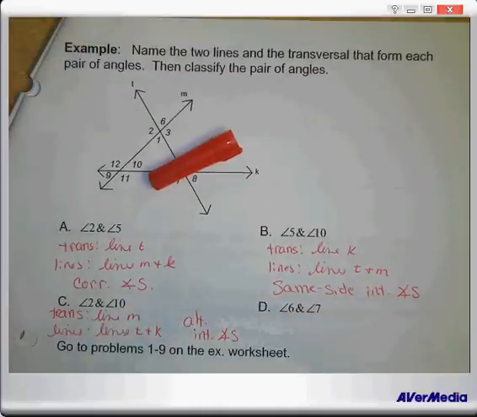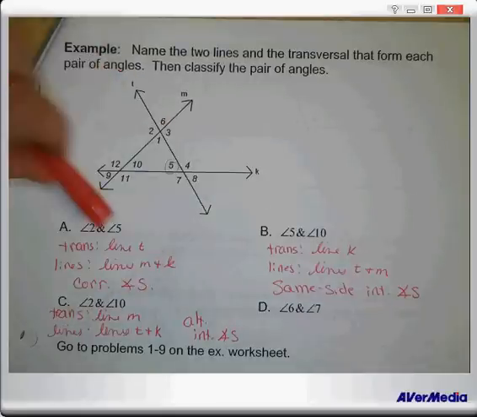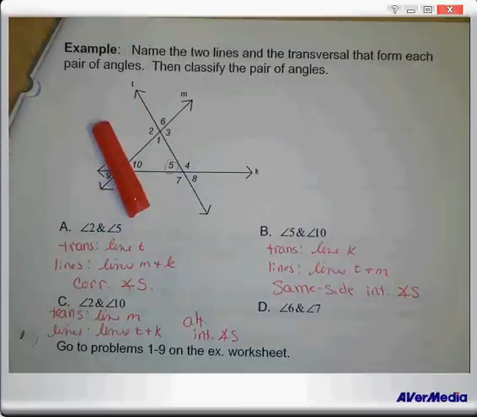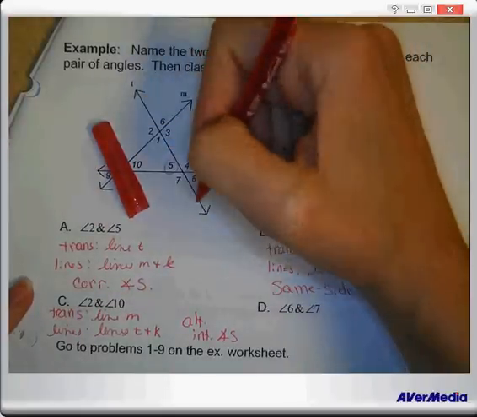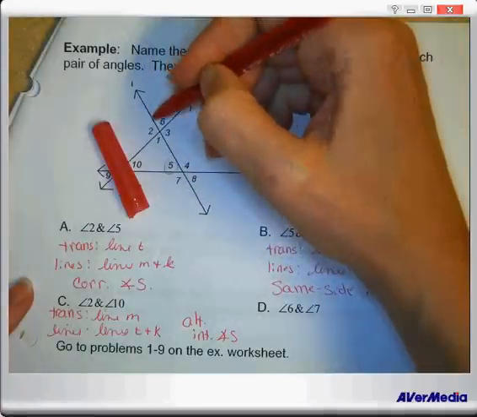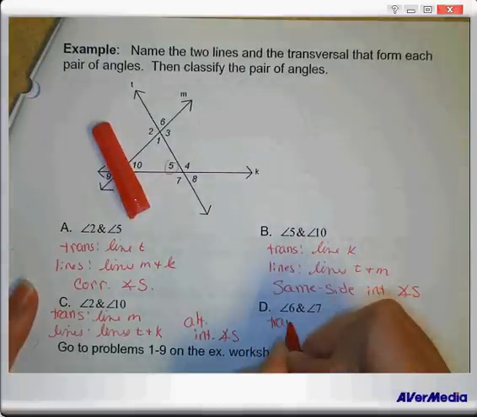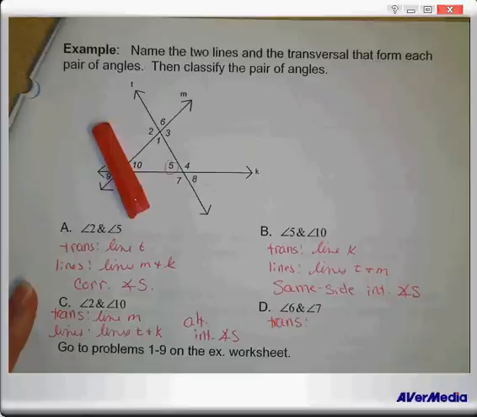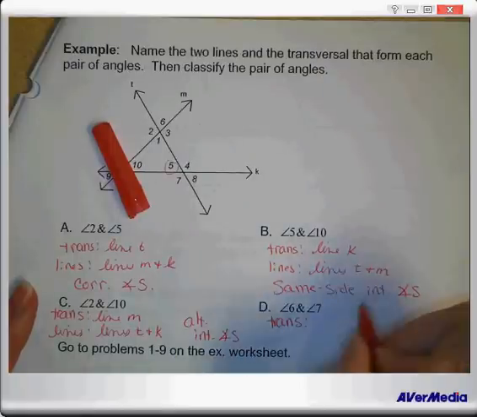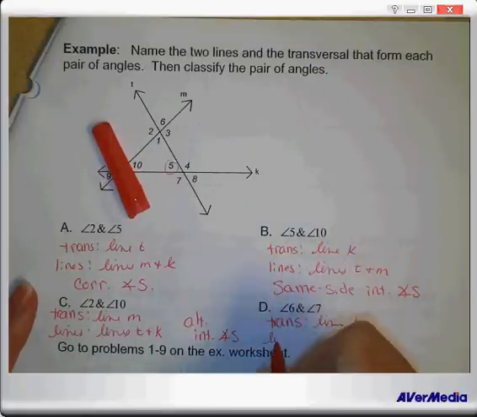And we'll do the last one here, 6 and 7. I cover up this side. Here is the line that makes it. Okay? They're on opposite sides, so you already have an alternate. So here's our transversal. For some reason, I'm probably doing transversal today. And that's going to be T again. We have our lines.